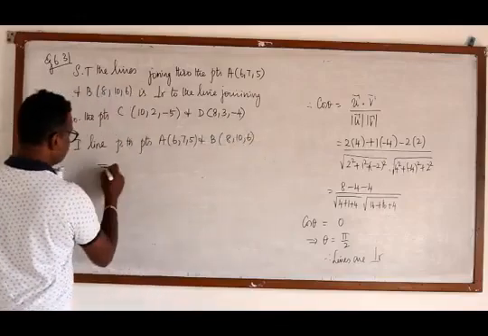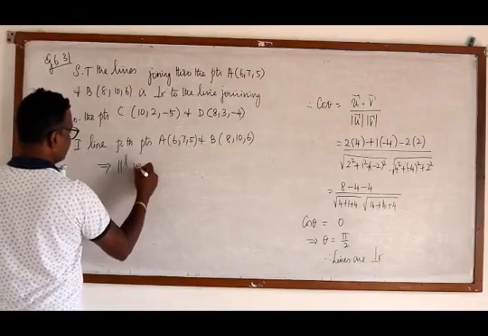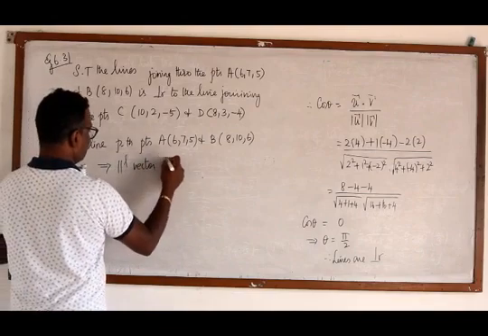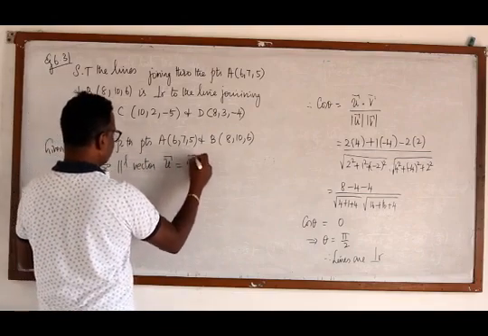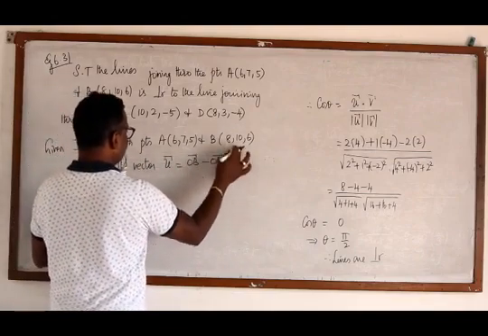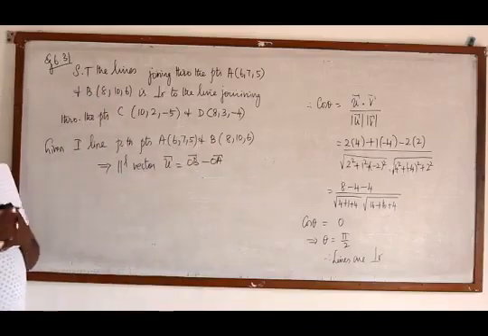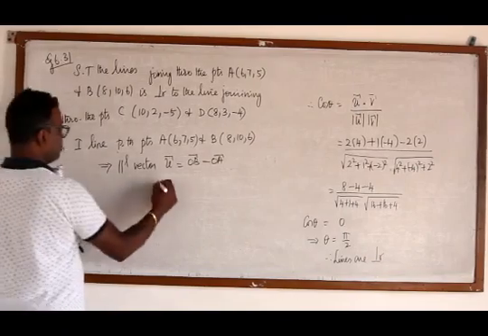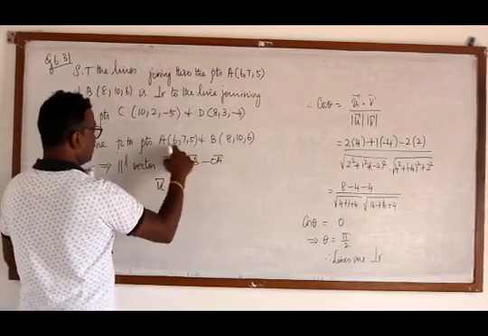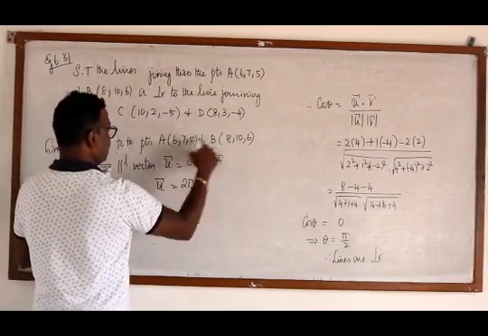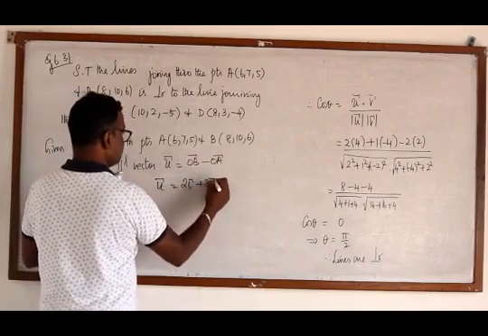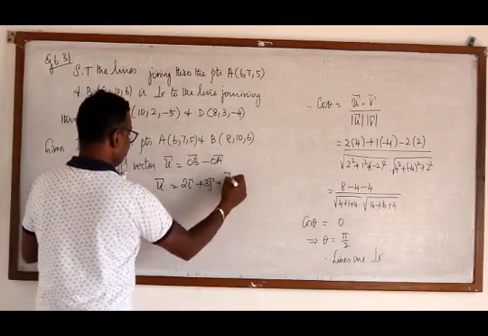Then this implies the parallel vector, I can give the name u vector, is nothing but OB vector minus OA vector. When I subtract these two coefficient vectors, that is second vector minus first vector, I get that vector. Then u vector equals 8 minus 6, 2i, 10 minus 7, 3j, 6 minus 5, k.